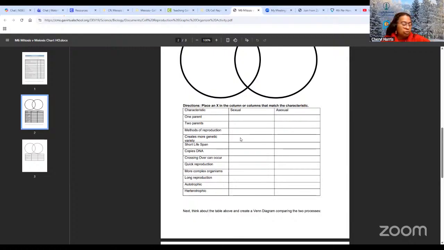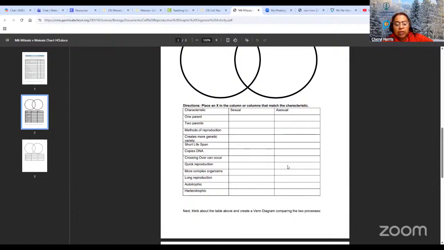It only creates exactly what you started with. Short lifespan would be sexual reproduction. Asexual reproduction copies the DNA, both of them will copy DNA. Crossing over only happens in sexual reproduction.